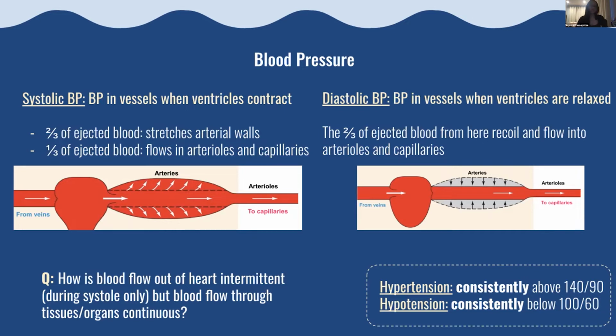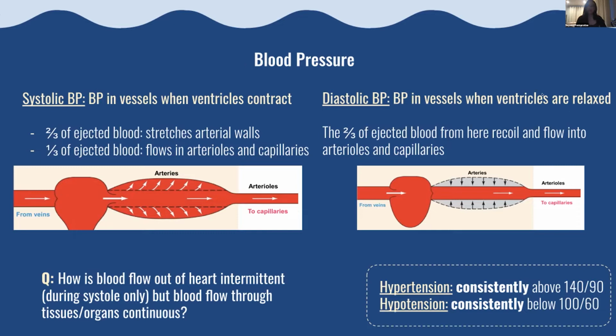In systolic blood pressure, when your ventricles contract, all of that blood gets ejected out, say into the aorta, and it's going to stretch the walls of these arteries. Two thirds of the blood that's ejected will contribute to that stretching, but one third is going to actually flow through into those smaller vessels like the arterioles and capillaries.